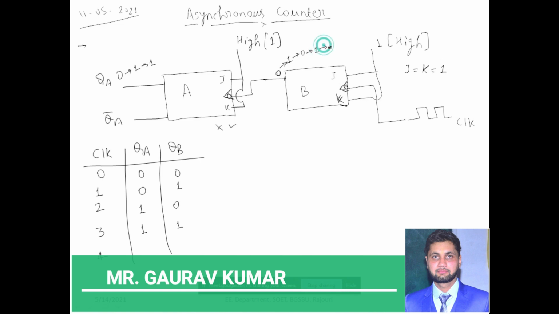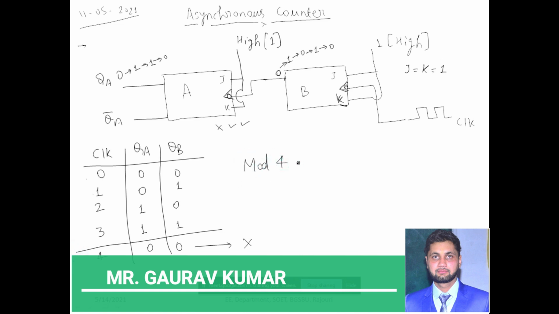After applying the next clock pulse, this will toggle to 0 0. That means this will be triggered, meaning 0. So you are getting 0 0. Okay, so you are getting repeat. Okay, so this is mod 1 2 3 4. This is a mod 4 counter.